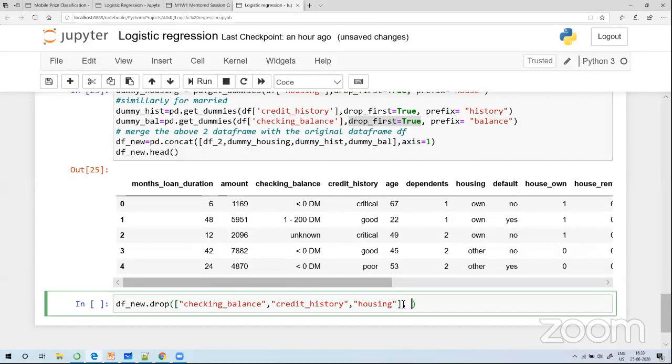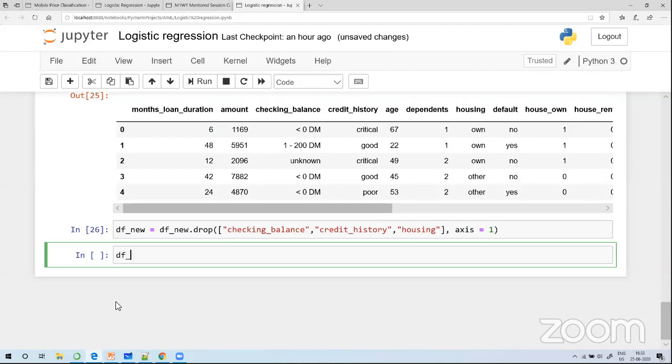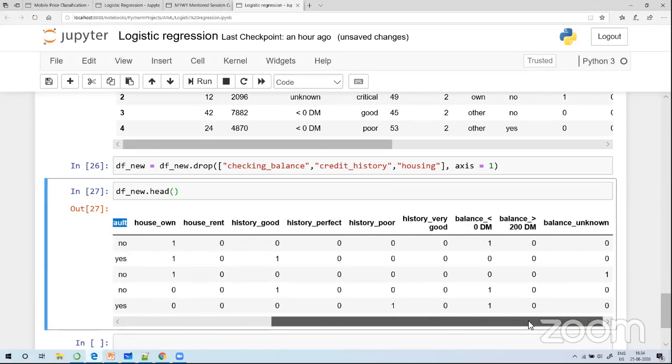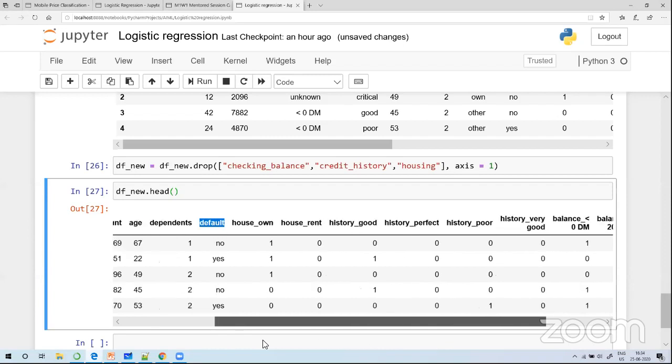Comma, axis equals 1. And then we are going to reassign this back to df_new. Fine. Now look at the df_new. It should not have those columns. Those columns are gone. Now, except the default column, rest all of the columns are having numeric values.